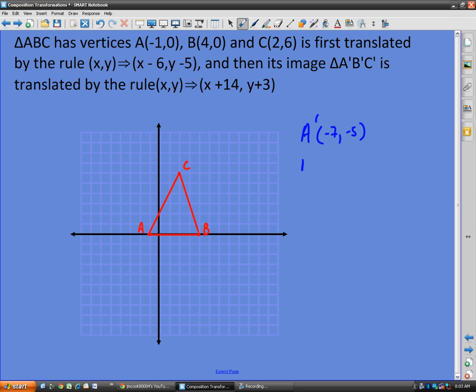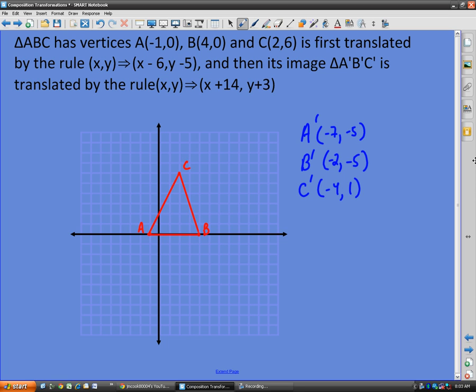B prime: if I subtract 6 from 4, I get -2, and subtracting 5 from 0 again, I get -5. And C prime: if I subtract 6 from 2, I get -4, and if I subtract 5 from 6, I get 1.